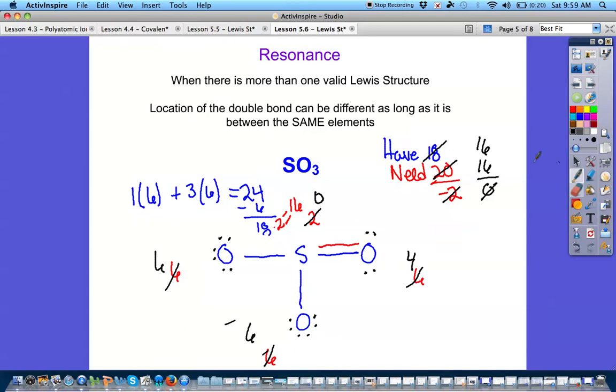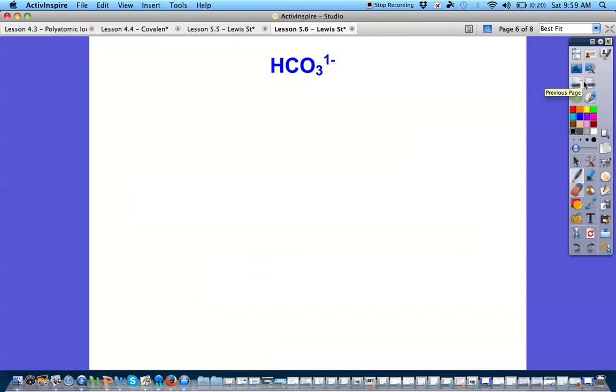So that is resonance. We have another example of resonance, and I think that this one is a little bit more difficult. This is a polyatomic bicarbonate. So to start off with, we have one hydrogen. Hydrogen has 1 valence electron. We have one carbon. Carbon has 4 valence electrons. We have 3 oxygen.